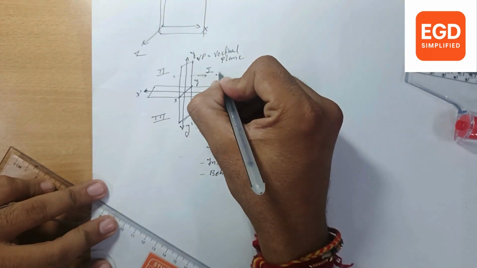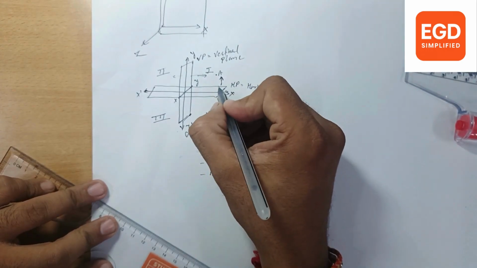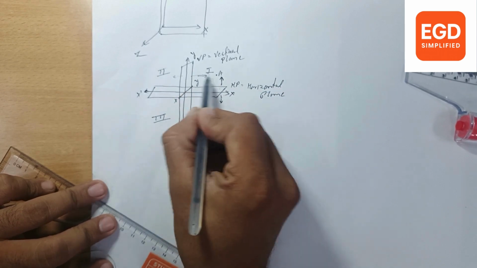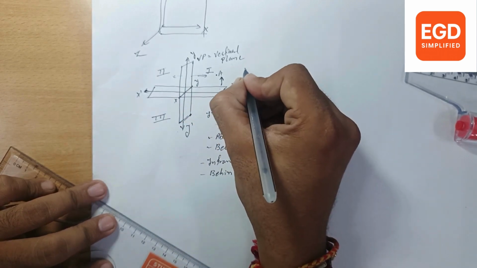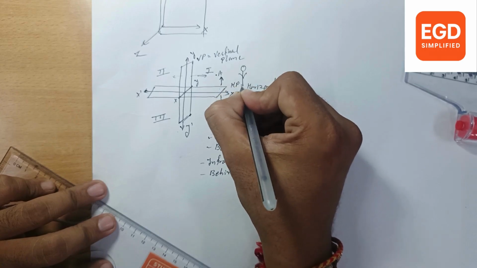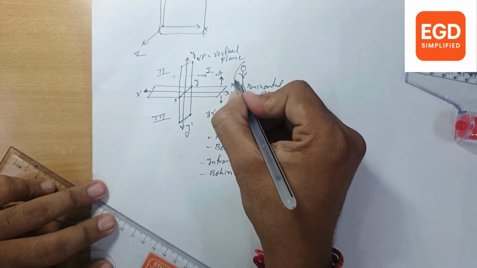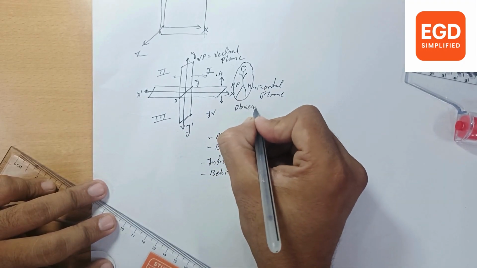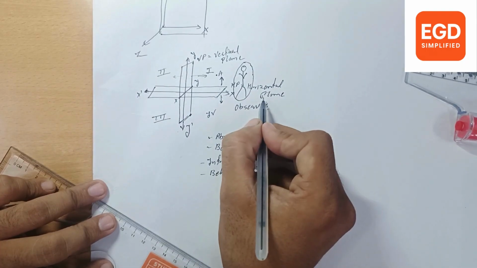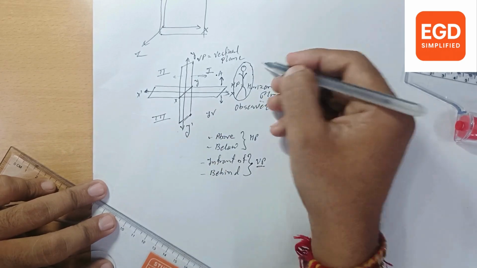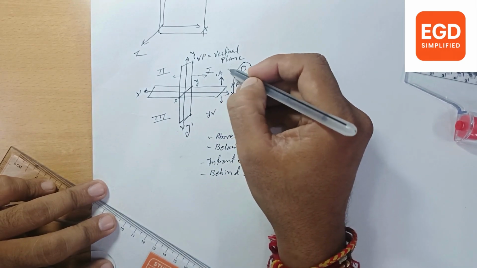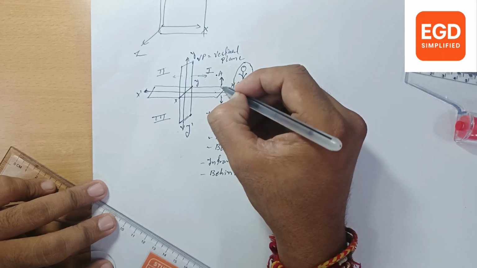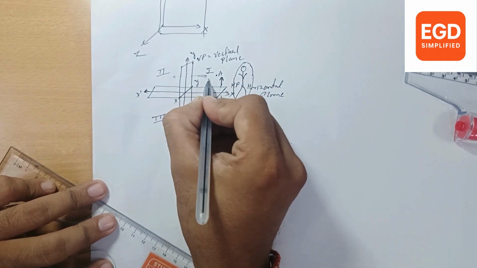Now consider your point A is here. We are going to say point A is above HP and in front of VP. Why in front of? We will always consider the observer to be on the right side of the system. So from here we will see that when we see from this side, point A is above HP and in front of VP.